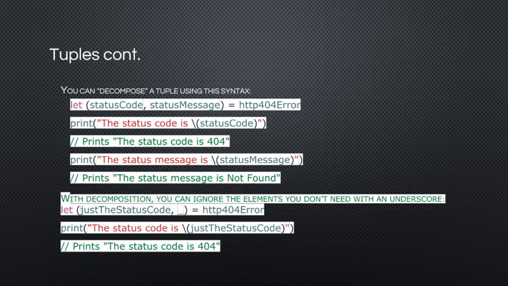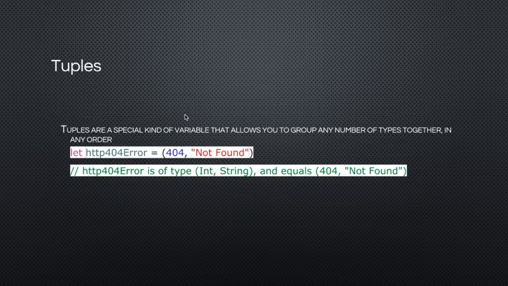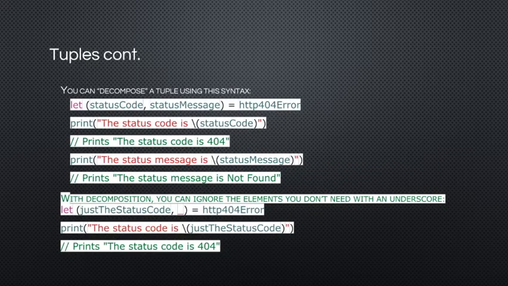You can do something called decomposition with tuples, and this is an example of that. Decomposition means you're defining the individual elements of a tuple, in this case with status code and status message. So you would be defining 404 and "Not Found" as these variables here, and you can use them separately inside your code.